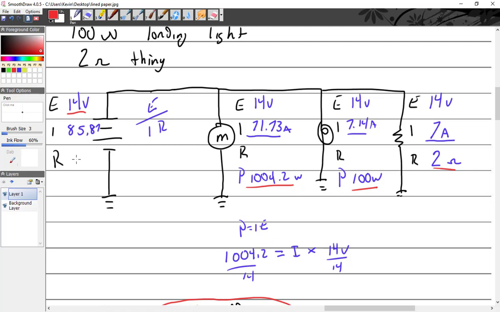You guys are very quiet. 0.195. What do we have here? 14 divided by 85. Oops, it's 0.16. Sorry. 0.163.